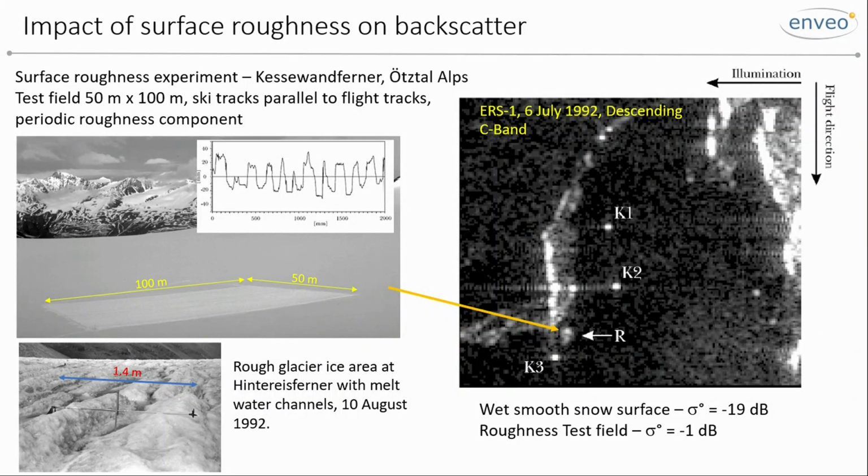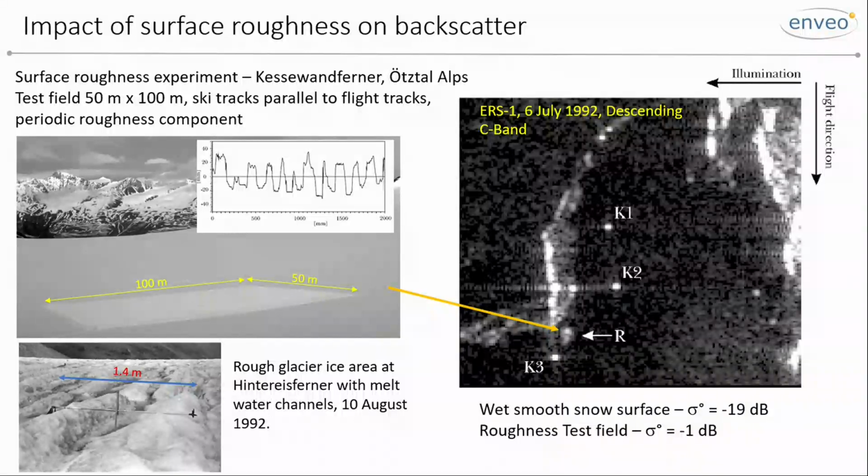It gives you information on whether it's really random or if you have a kind of periodicity in there. The general model used is an IEM model from Fung and so on. This is a classical model. There are also simpler models, geometric optical models and so on, but they are always valid for a certain range of roughness. They specify this. If you go out of this roughness range, then you get crazy values.